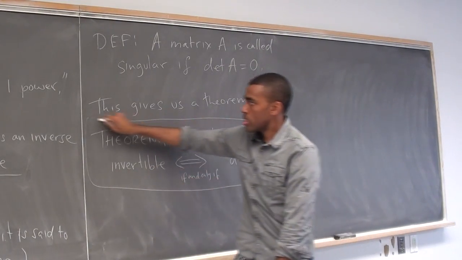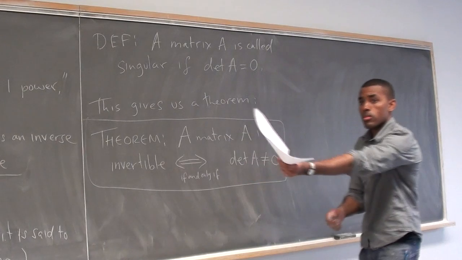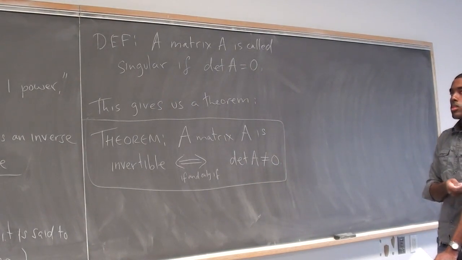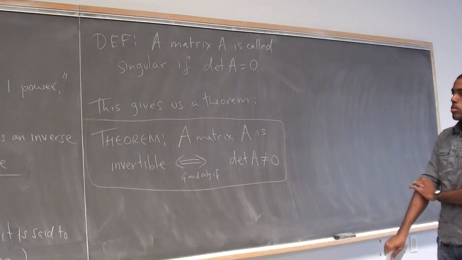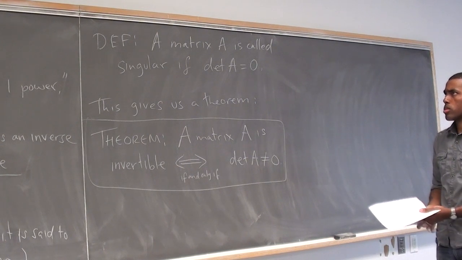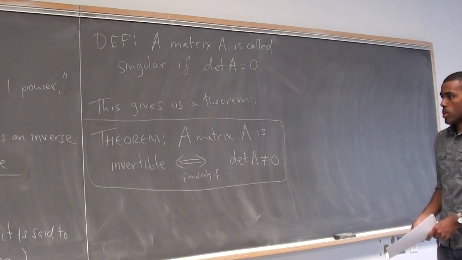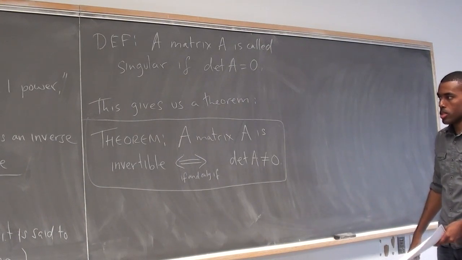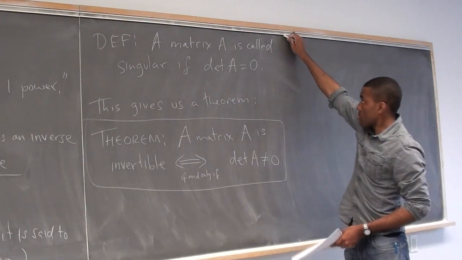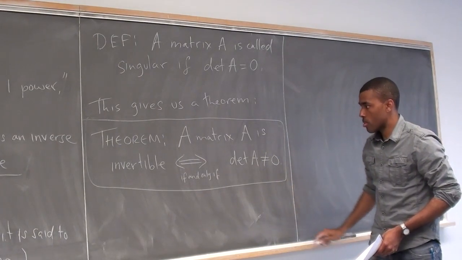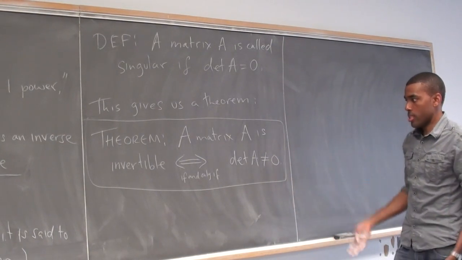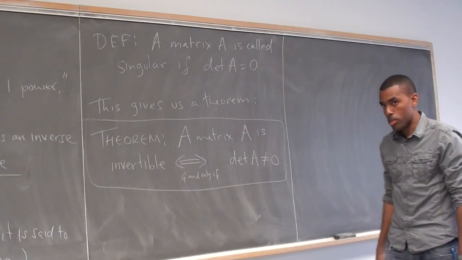Because there's no solution? It's like saying 1 is equal to 2, there's no solution, so you can't go back and forth. I'm not talking about solutions; it has nothing to do with solutions. If the determinant is equal to 0, it's non-invertible.